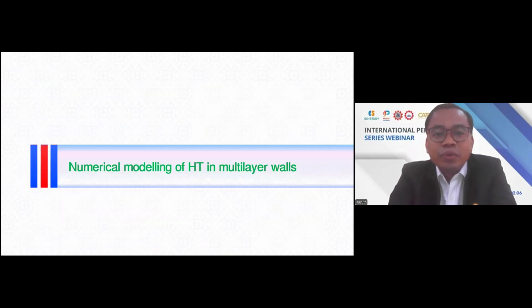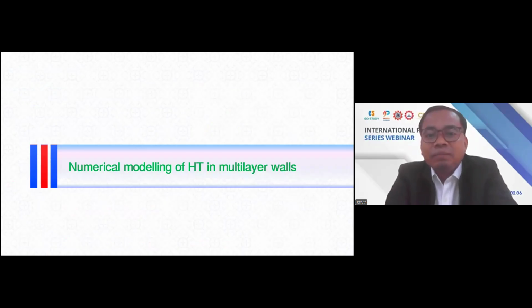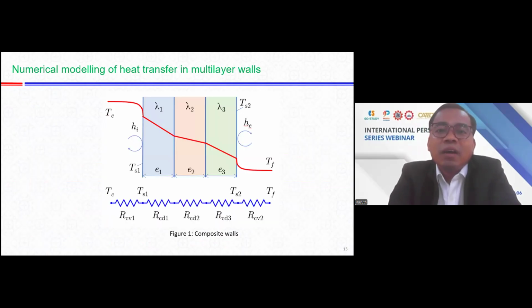And I go to the numerical modeling of heat transfer through a multi-layer wall. In this picture I select three layers: layer 1, 2, 3.